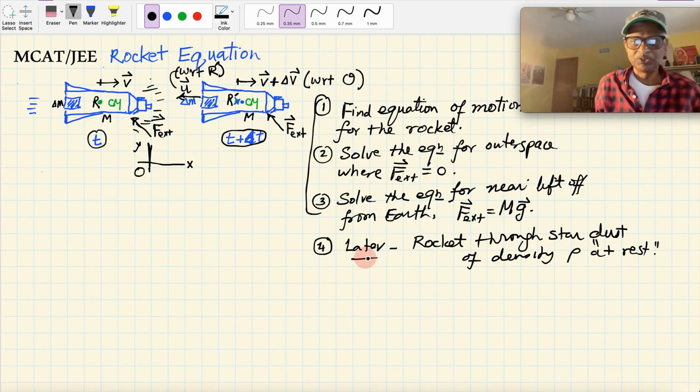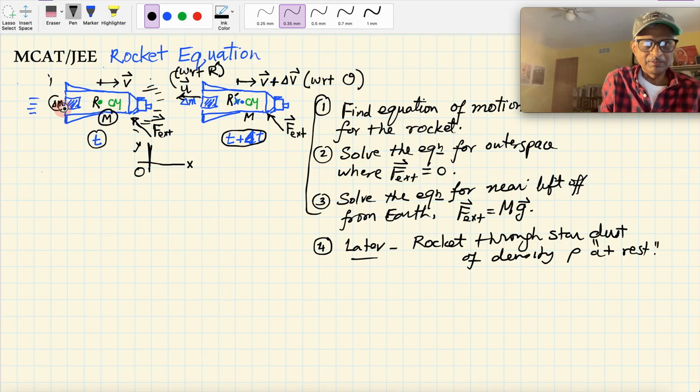All right, so here's the situation. The rocket has a total mass of m plus delta m, and at time t it's going at speed v, and the center of mass is over here.